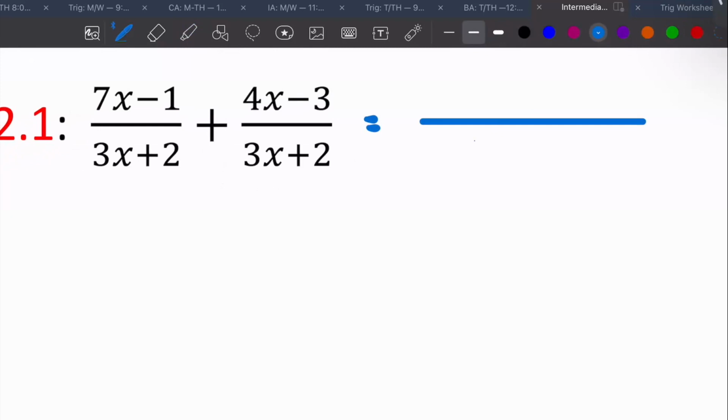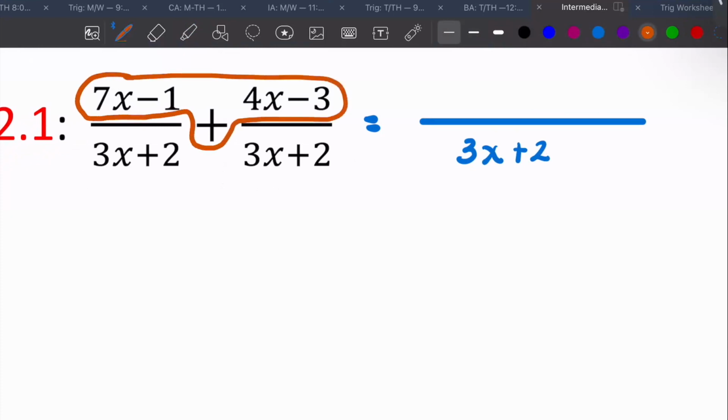These are already written over the same thing. So we're looking at this part. We're looking at 7x minus 1 plus 4x minus 3. And we are going to work on that numerator, okay?